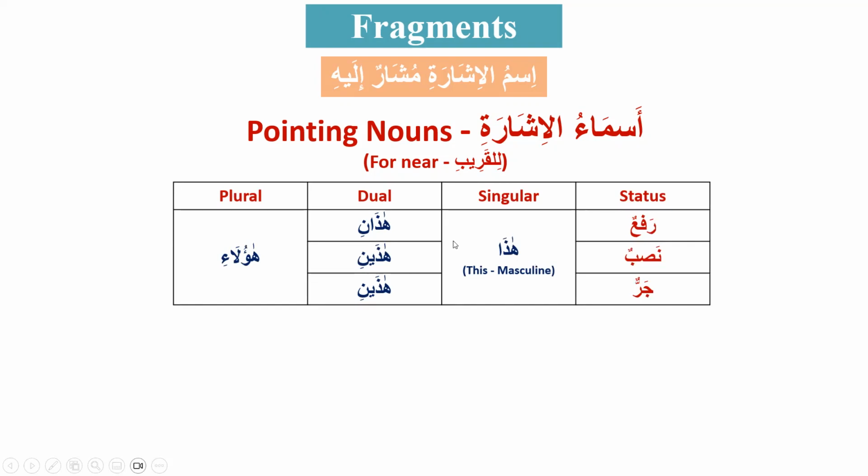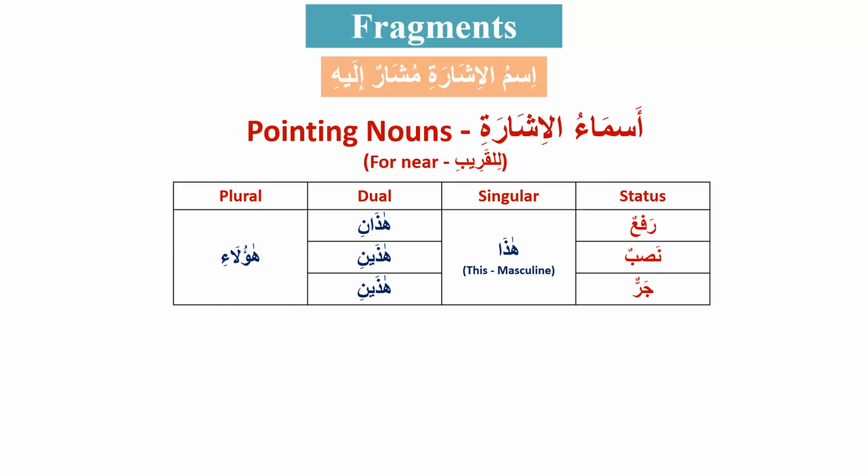Haza, Hazani, Hazaini, Haulai. In the dual, with respect to the status, the word changes a bit. But haza is haza. That never changes. So what is the rafa form of haza, Daniel?